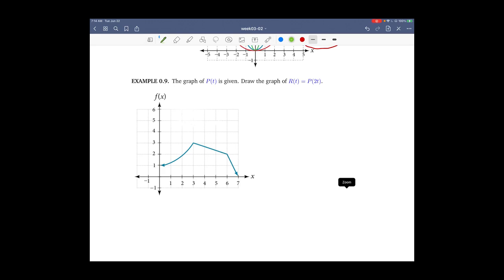Again, think of R as a sped up version of P, right? P, for instance, takes 3 seconds to get to value 3, right? Meaning that P at 3 equals 3.